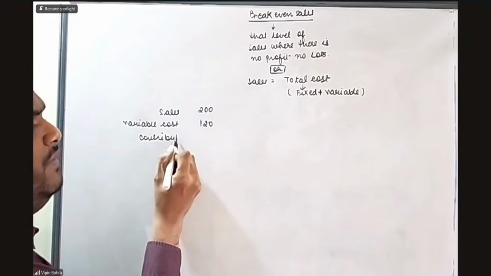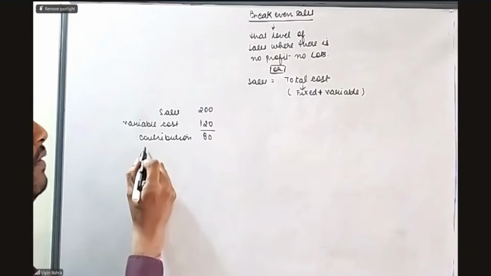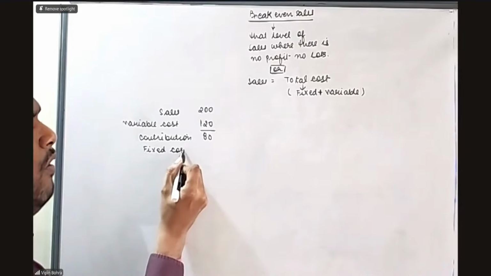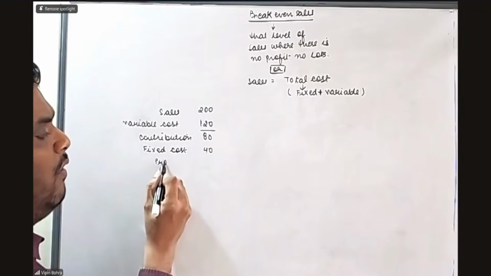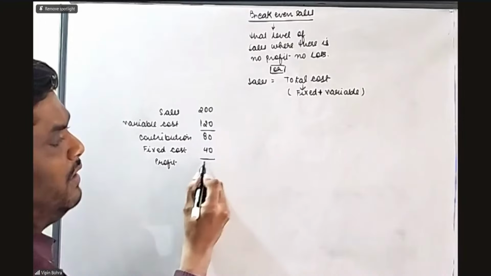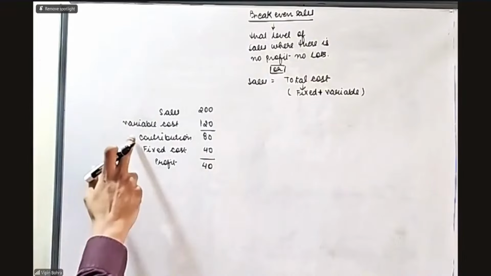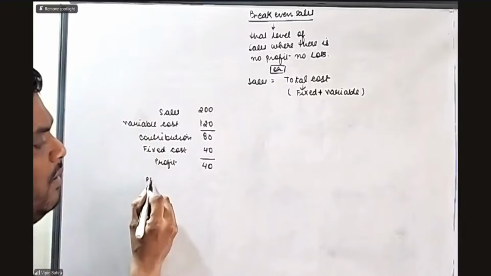My contribution will be how much? 80. My fixed cost is 40. Therefore, my profit will be what? 40.